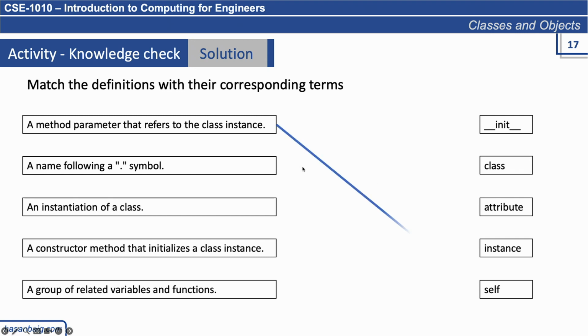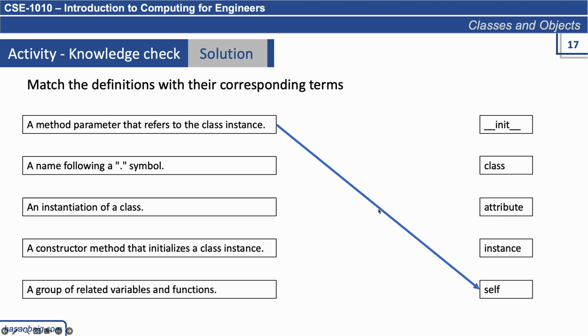Self, yes. Self is a parameter which refers to the class instance. The second one, a name following a dot symbol, is among these options? Instance. So instance is again an object that we create.